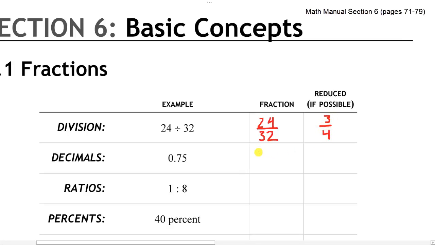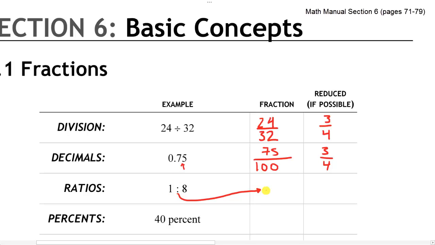So that would be 3/4. 0.75, remember that this 5 is in the hundredths digit, so this is really saying 75 1/100ths, which also reduces to 3/4.